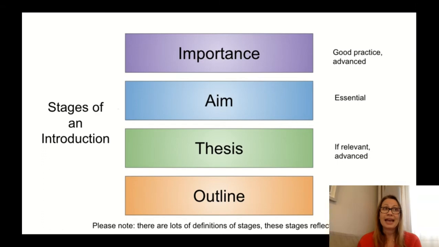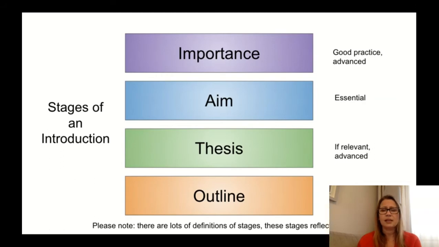You need to provide the aim of the assignment. This is essential, and I would expect to see that in every presentation and every assignment. You may, if it's relevant, provide a thesis. That's a core argument that you may be alluding to throughout the whole of your assignment.